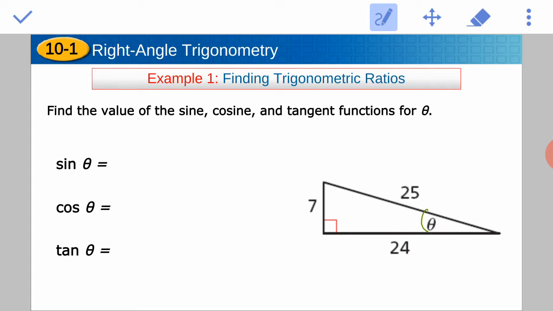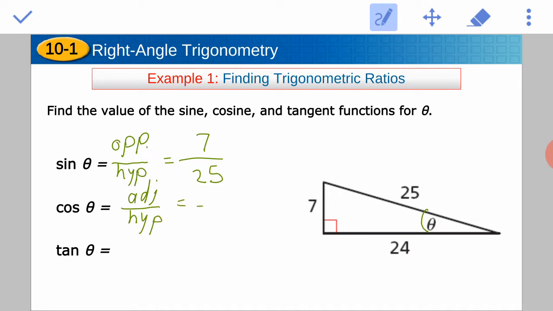We need to find sine theta first. Sine theta equals opposite over hypotenuse. The opposite of angle theta is 7 and the hypotenuse is 25, and the ratio is in the simplest form. Cosine theta definition is adjacent over hypotenuse.